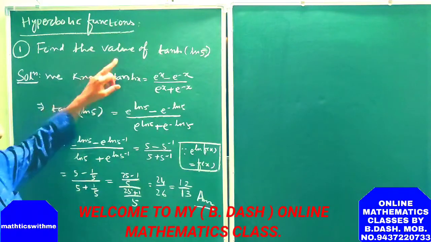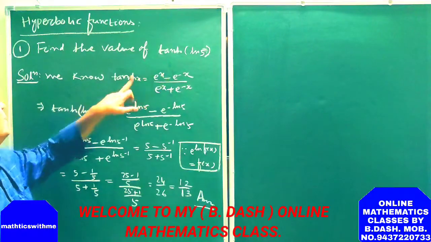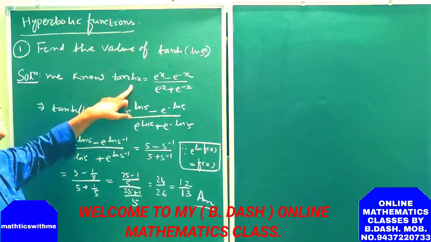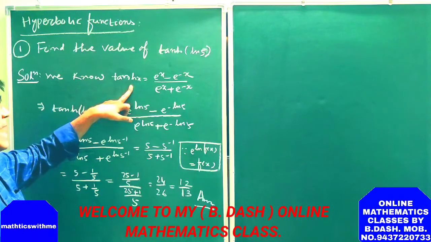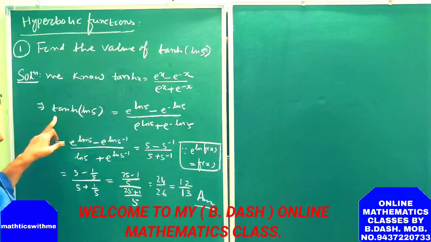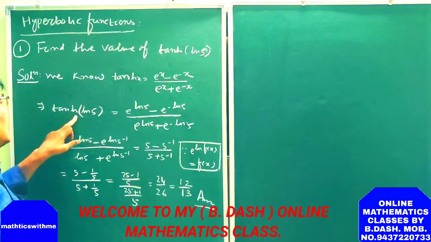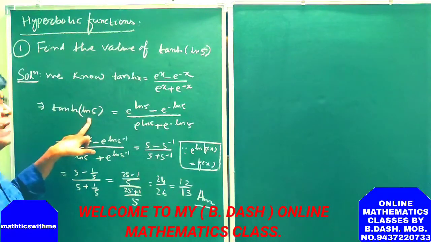Here we have to find tanh(ln 5). We know tanh x is equal to (e to the power x minus e to the power minus x) by (e to the power x plus e to the power minus x). Now x is replaced by ln 5.